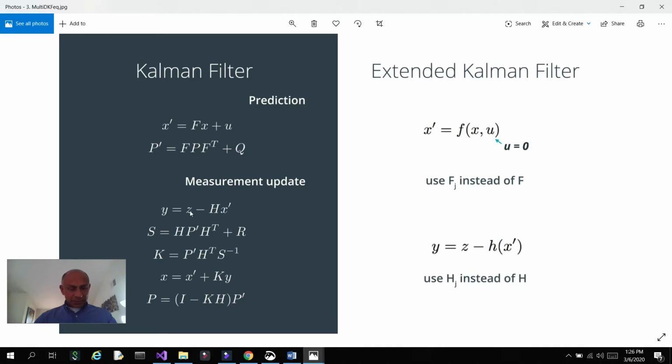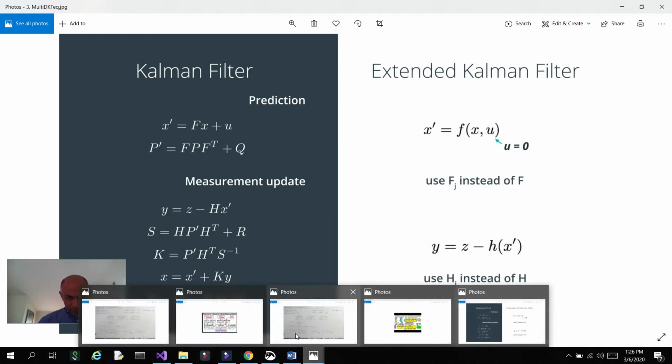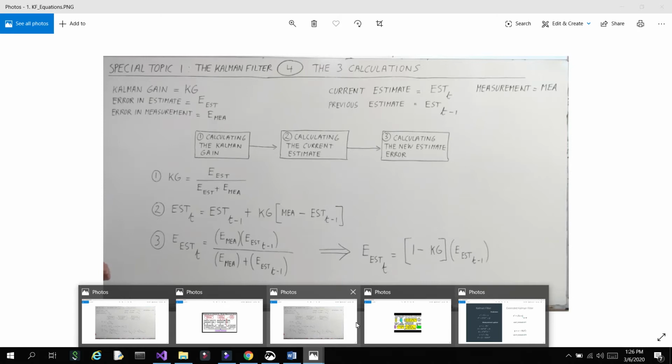Again it's a loop of prediction and update. We are predicting the state and the error, and meanwhile the measurements are coming in. So this is measurement z.